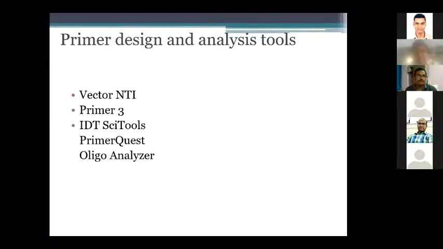Various primer designing tools are available online, some free of cost and some costly. Before starting an experiment, you should first go for in silico analysis of the particular primer so that the end result, or your amplification result, is more and more accurate.